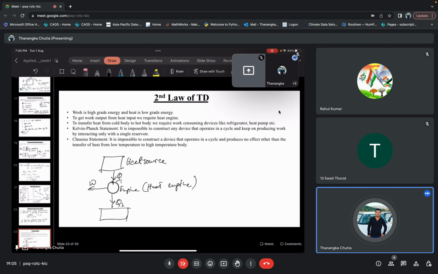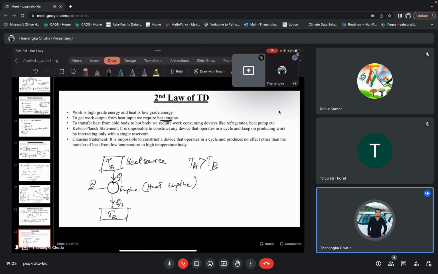Just the beginning. Now this is a temperature Ta and this is a temperature Tb, and Ta is greater than Tb. So you are taking heat from a high temperature heat source and rejecting heat to a low temperature heat sink, and in doing so you are getting some amount of work W.